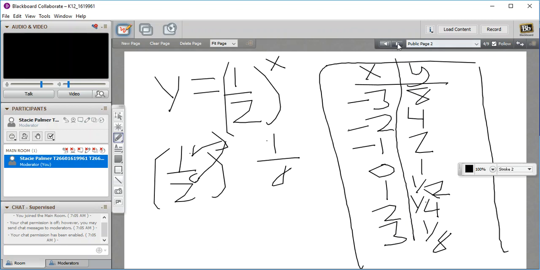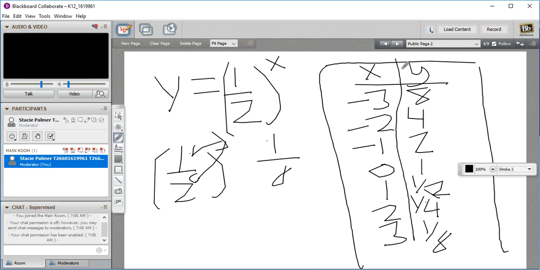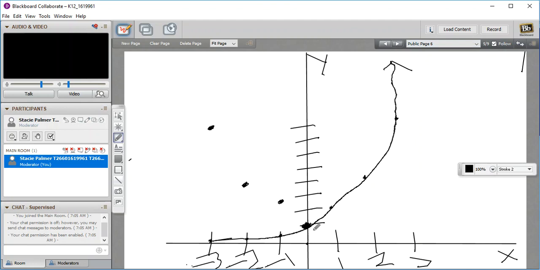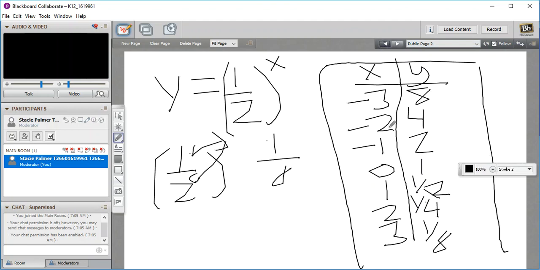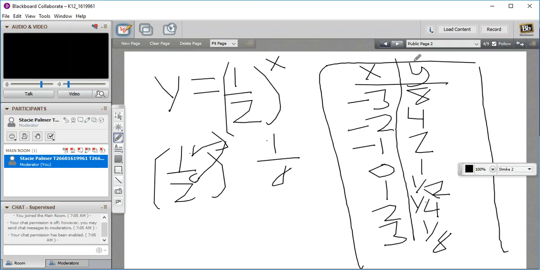When the x is -1, the y is 2. Zero, 1. So this one shares the same y-intercept. 1, 1/2. So to the right 1, up 1/2. 2, 1/4.